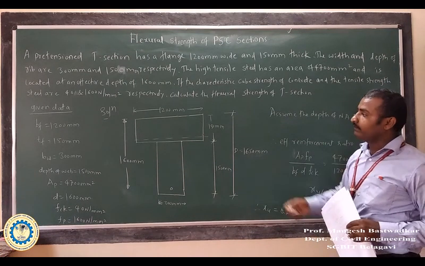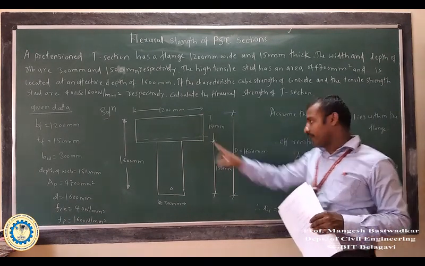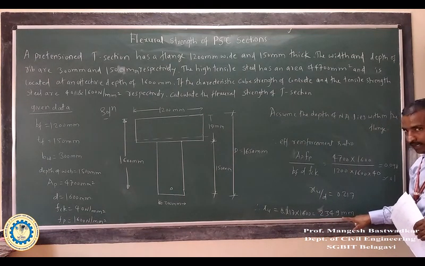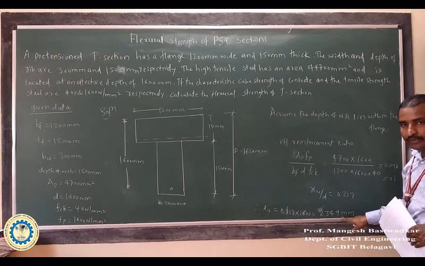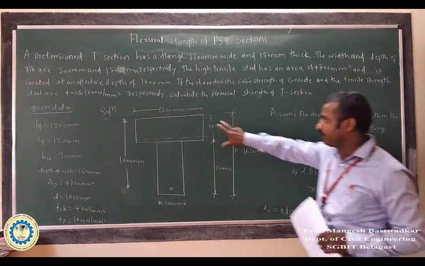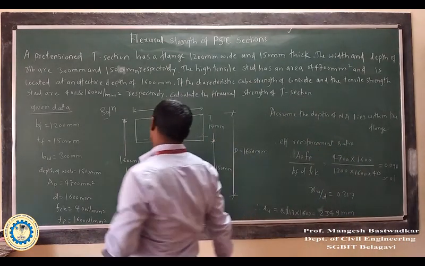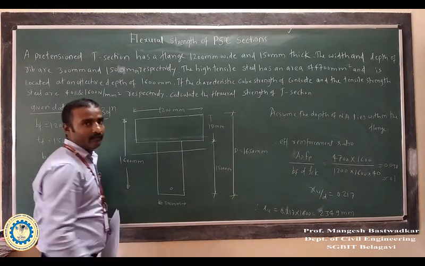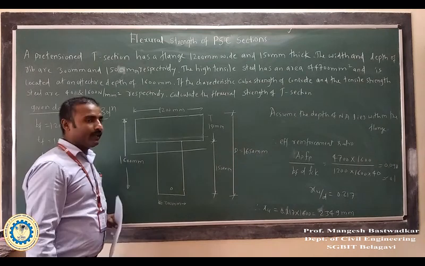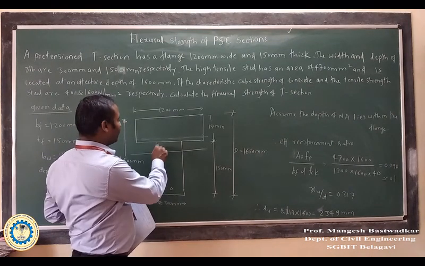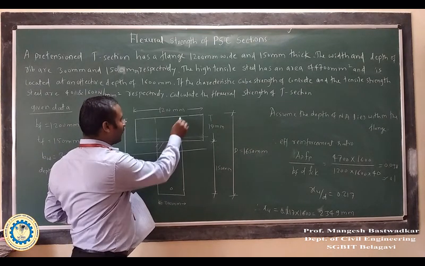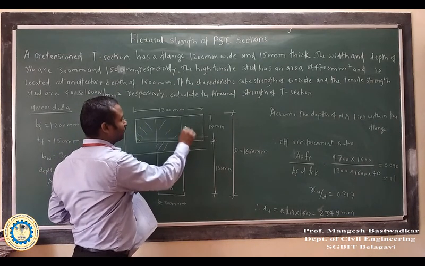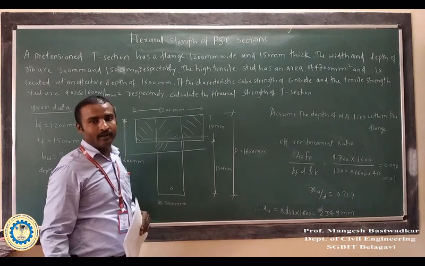So our depth of the flange is 150, but we have got the depth of neutral axis as 234.9 mm. So here xu is greater than thickness of flange. So this neutral axis lies below the flange. Then while calculating, we have to consider this portion and this portion.